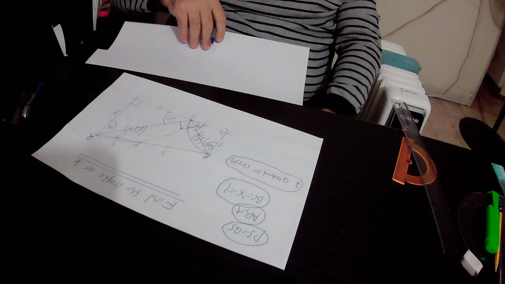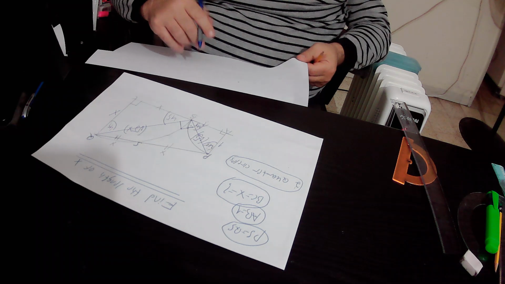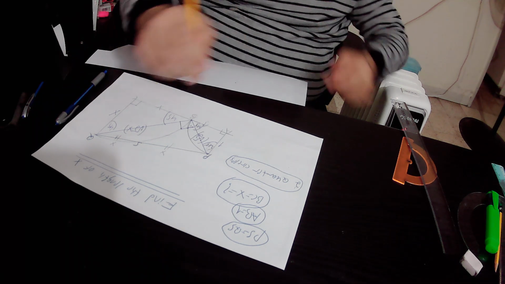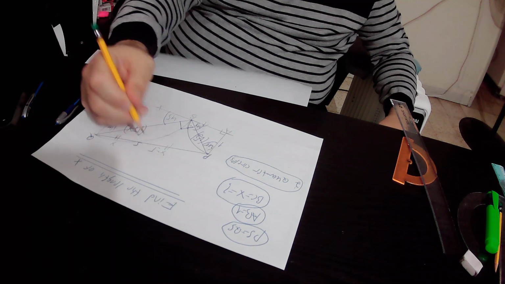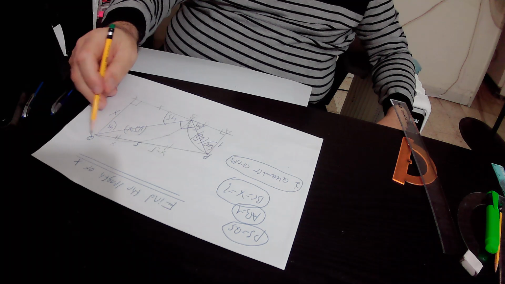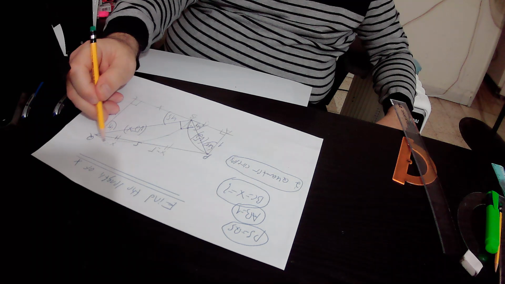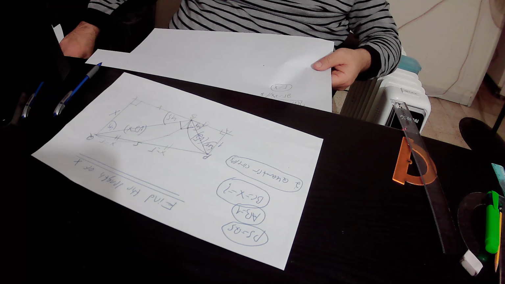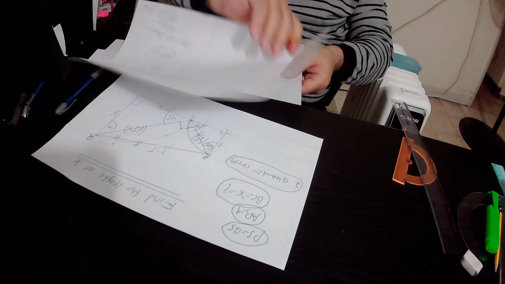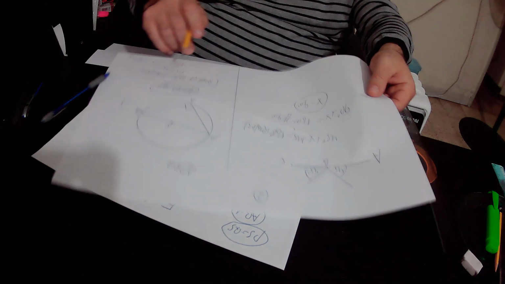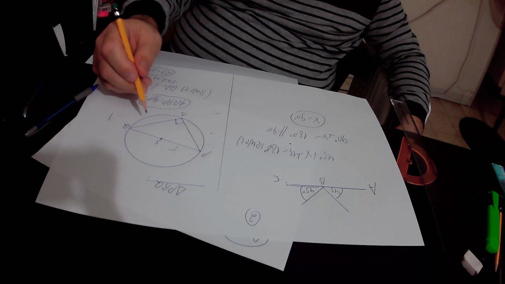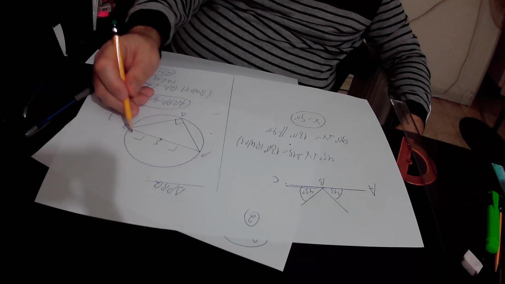R equals x. So here PS, that is equal to x, equals r. And SQ, that is also equal to x, equals r. So we can write here also PS equals r and SQ also equals r.